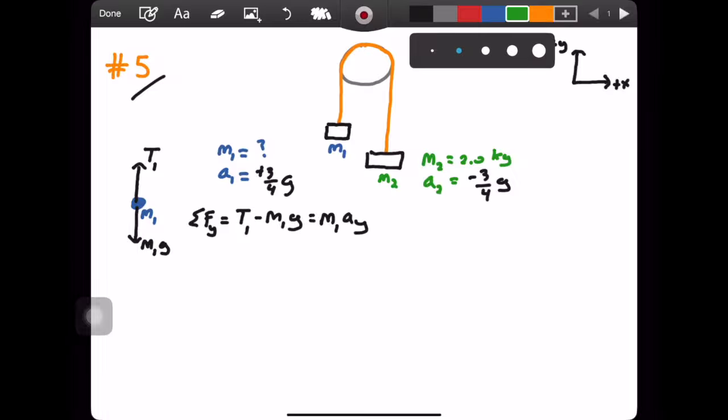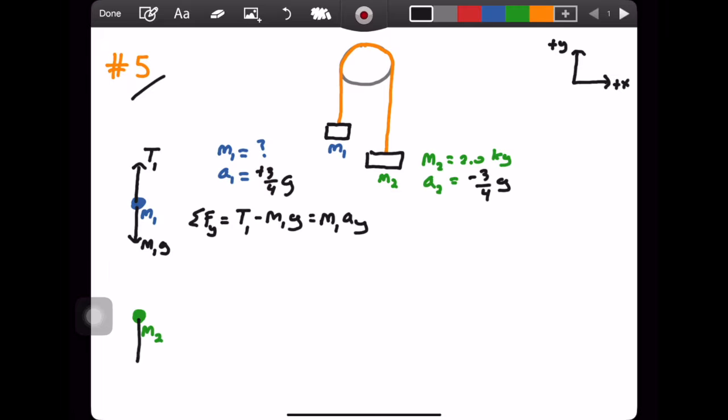Similarly, I can do a free body diagram for m2. m2 also has gravity accelerating it downward, and so we're going to call this m2g, and it's down.